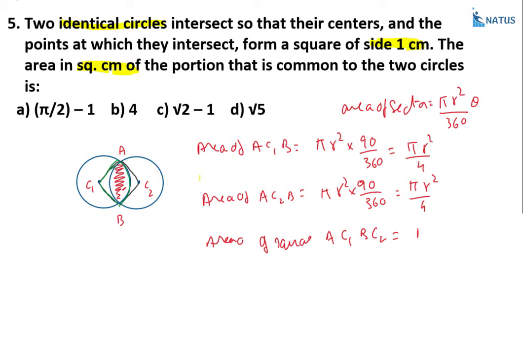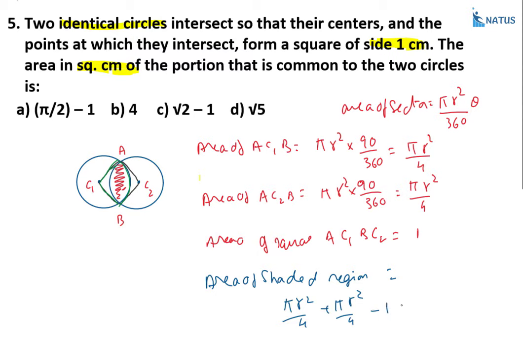Now what do we require? Area of the shaded region. Area of shaded region is equal to the sum of the areas of the two sectors minus the area of the square. So that is equal to pi r square by 4 plus pi r square by 4 minus 1.